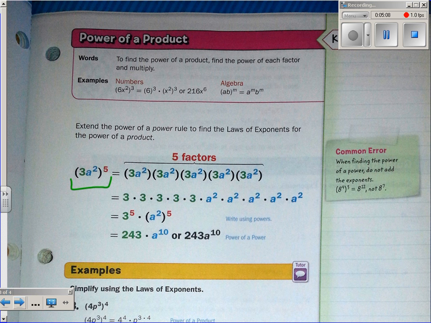But if you notice, all they did was multiply each of those exponents. You would think about there being a 1 by the 3, times the exponent on the outside. So 3 to the first times 5 would get you 3 to the fifth. A squared with the fifth exponent gets you a to the 10th. And then you do need to do the math for 3 to the fifth, so you would just multiply 3 five times in your calculators.